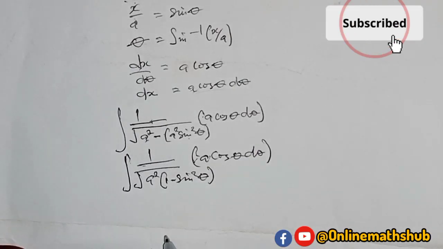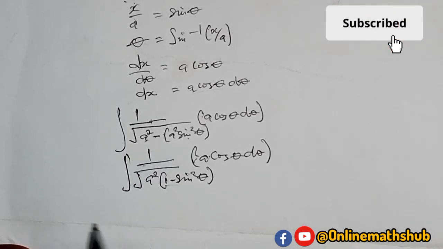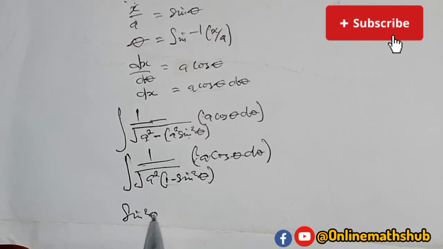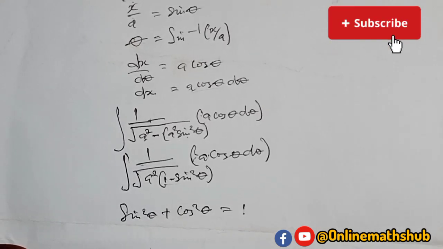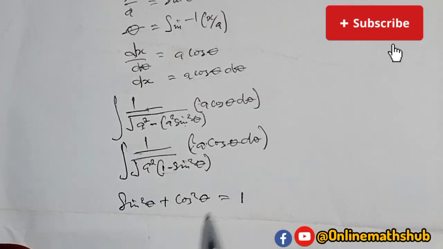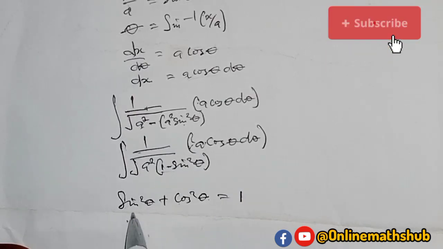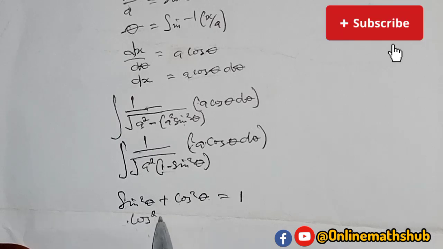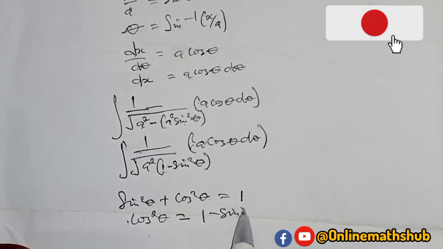Now moving further, you can remember this expression: sine squared theta plus cos squared theta is equal to 1. If you make cos squared theta the subject, you discover that cos squared theta is equal to 1 minus sine squared theta.